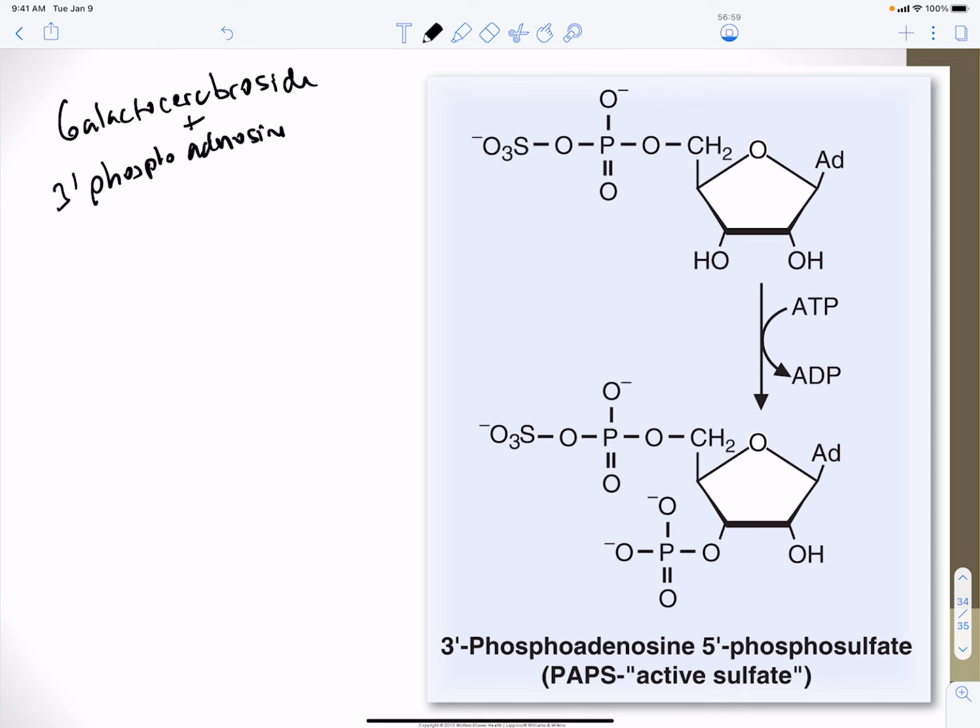And this is going to form a molecule which is going to be PAPS, 3' phosphoadenosine 5' phosphosulfate, or PAPS. And PAPS is going to be a major sulfolipid of the brain.